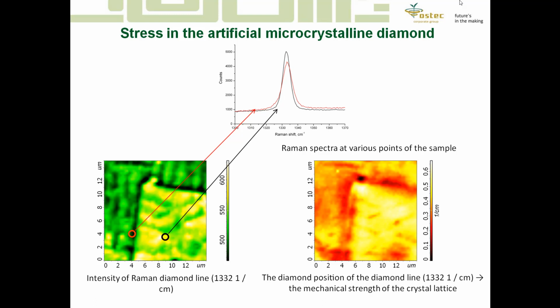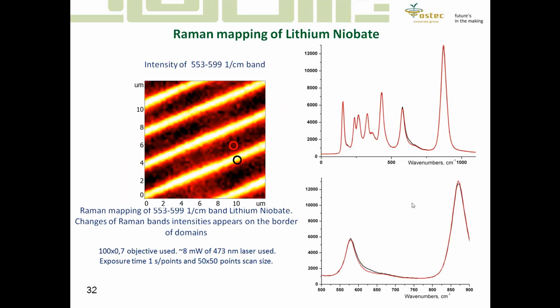On the borders of microcrystallites on the surface there are changes in the stress, and the line of the diamond, 1332, is shifted slightly and also a little broadened because there are some defects on the edges of the microcrystallites. And when we make a mapping of the selected band, we can get information about the stress in the sample, in the structure.